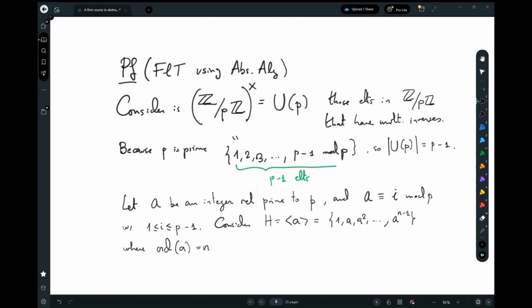And by Lagrange's theorem, we have that the size of the subgroup has to divide the size of the group. But this is, in this case, n, and in this case, this is p minus 1.